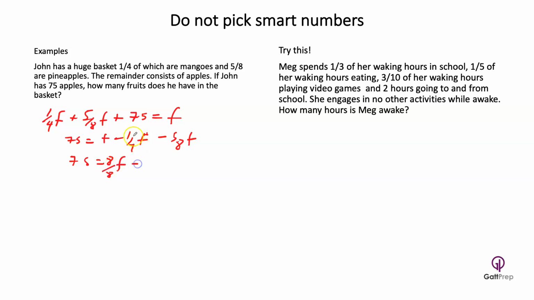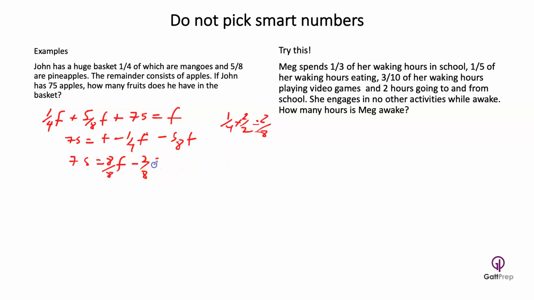And 1/4 we can change to 2/8 by multiplying 1/4 by 2/2, which is a placebo fraction, remember.